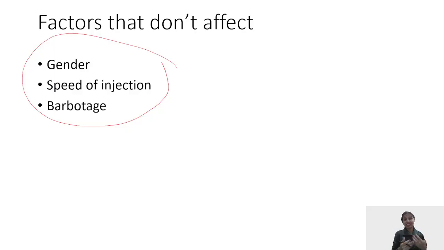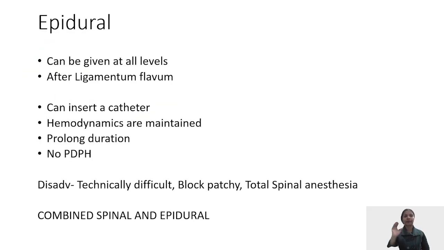Sometimes people say that yes, we are mixing it, that is why it will get mixed with the CSF and we'll have a better anesthesia result, but it's nothing like that. Gender, the speed at which you are giving the injection, and this barbotage, mixing of the CSF with the local anesthetic, is not going to affect the spread of the drug. I hope all these factors are clear to you all.